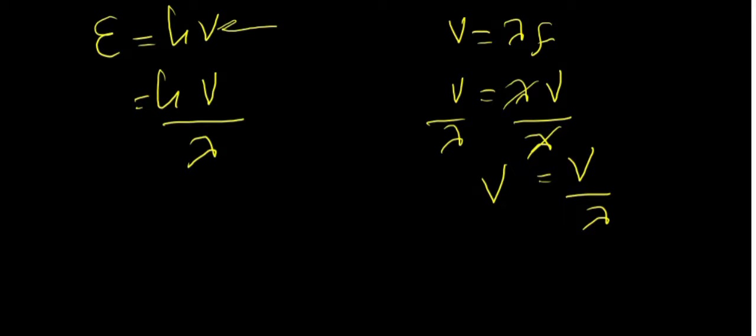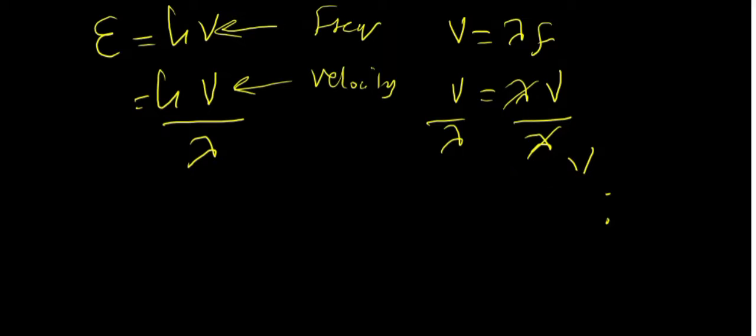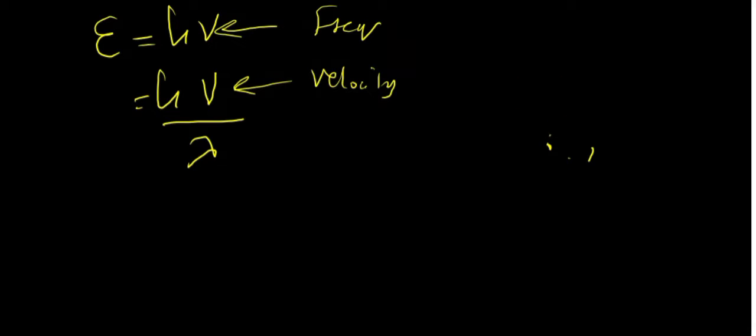Please, this is frequency. This one here is velocity. So we should be able to differentiate those. But remember, in the previous video we talked about something called the wave number. And we say the wave number is a reciprocal of the wavelength. So this equation can actually be written as Planck's constant times velocity times 1 over wavelength.